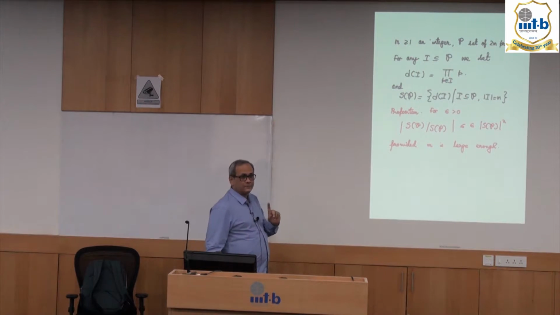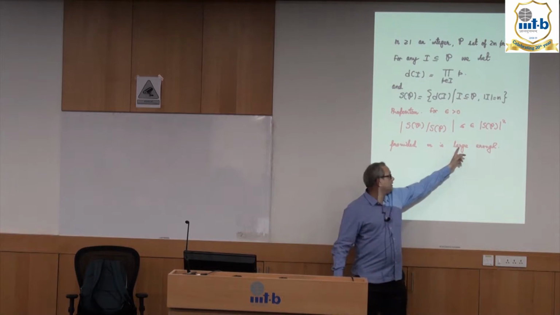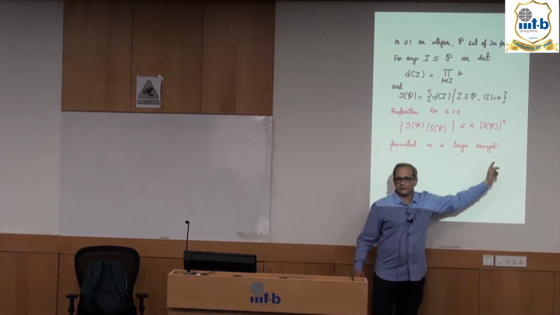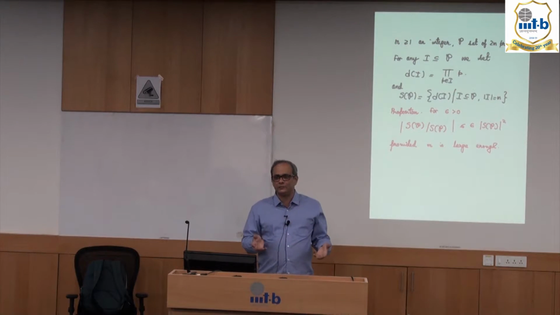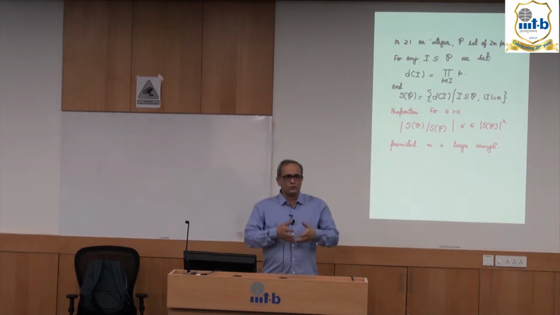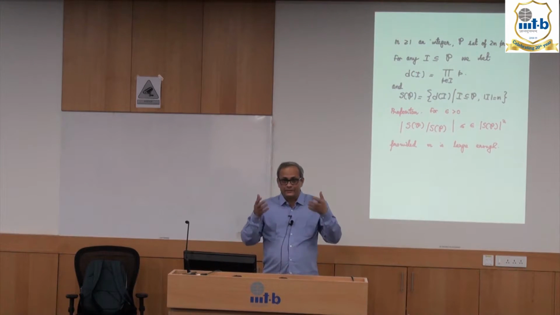Now, if you look at S_P, the curious thing is its ratio set diminishes substantially with respect to the number of pairs you can form from it. So cardinality S_P square is the number of pairs you can form, but the number of ratios you can form is substantially less.